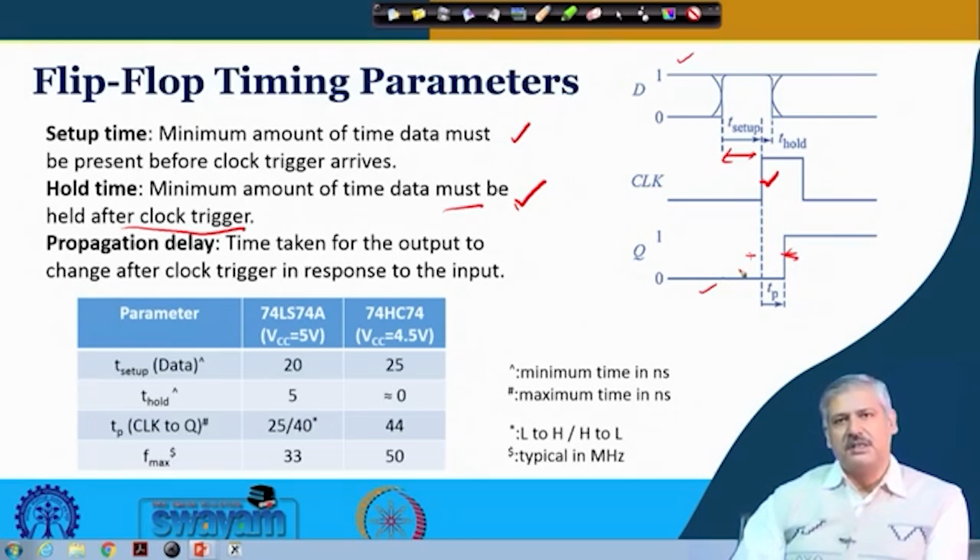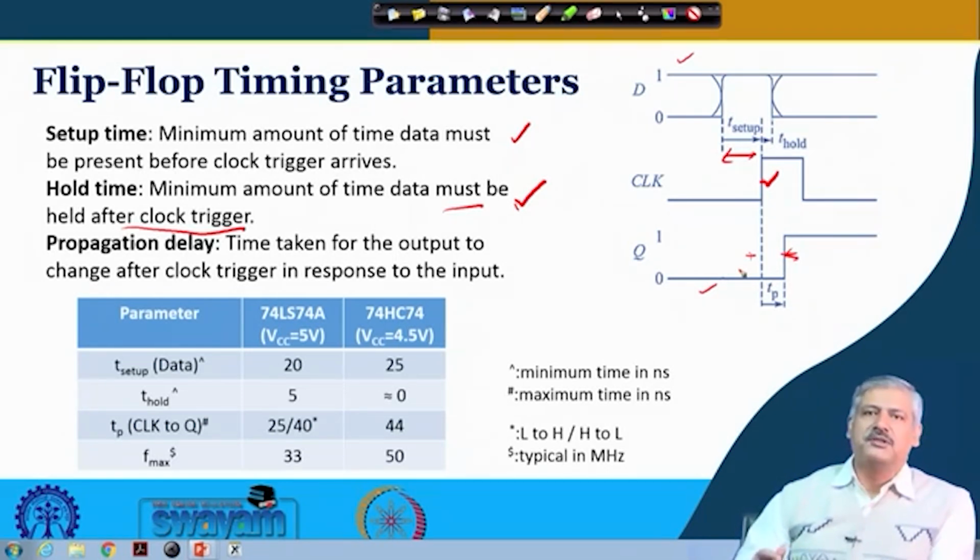These three terms you take note of, and if you go through the data sheet, you will see many other such timing-related terms which are important. But those may occur in certain instances, not regularly as happens for setup time, hold time and propagation delay.